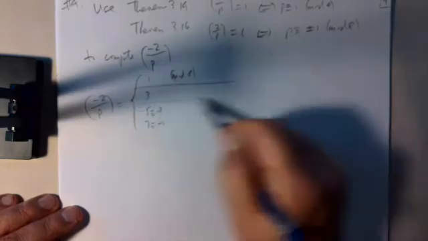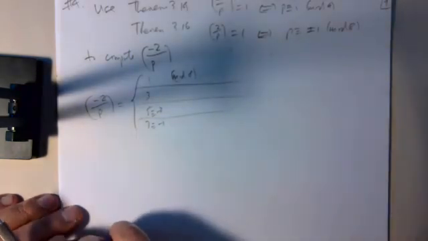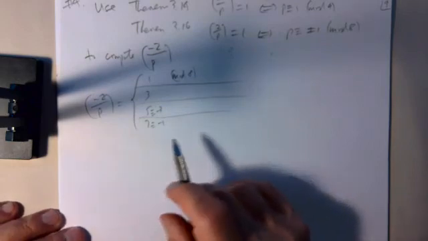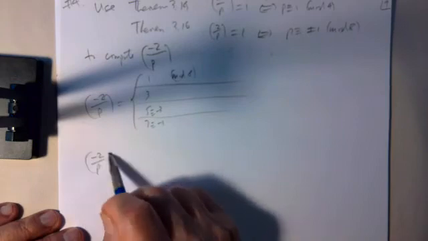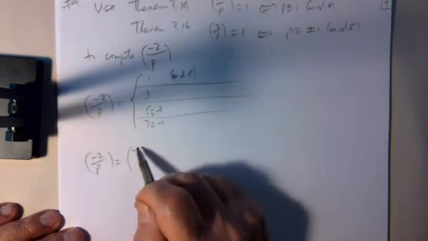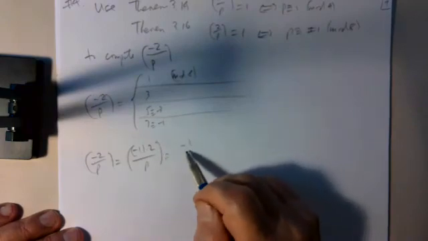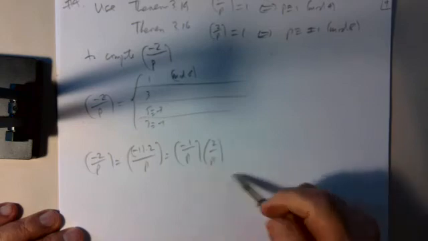So in each of these 4 cases, we use the fact that the Legendre symbol is multiplicative. So -2 over p, -2 is -1 times 2. So this is -1 over p times 2 over p.